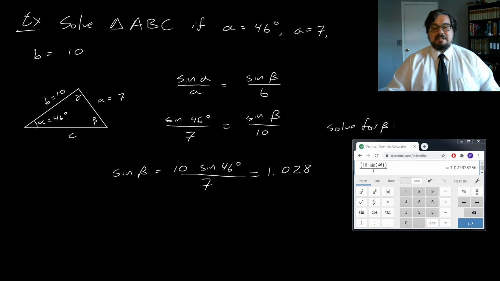1.028 approximately. And here's where we see that we've got a problem. We need that sine of beta equals 1.028. But of course that can't ever happen. Sine of an angle can never equal more than 1, and so this means that we have no solution.